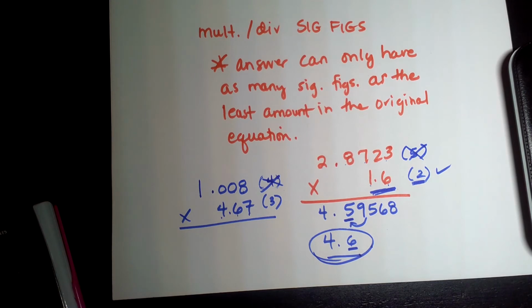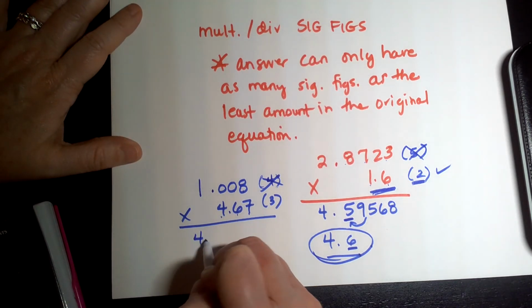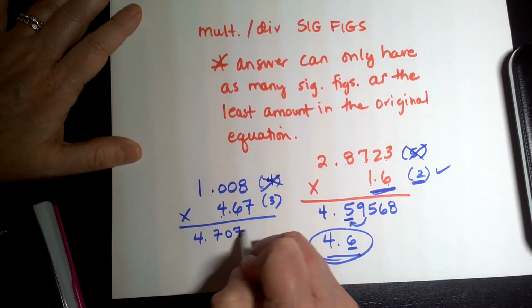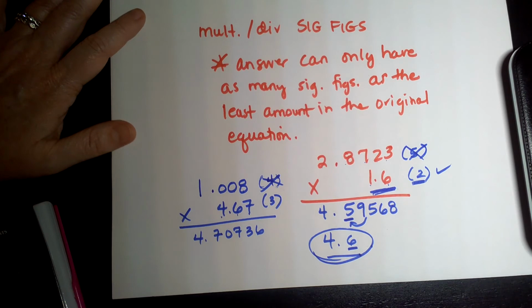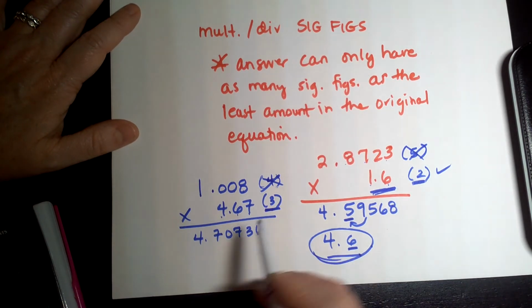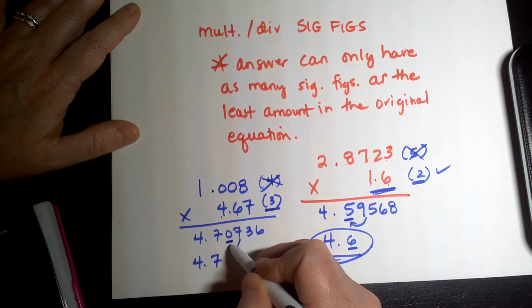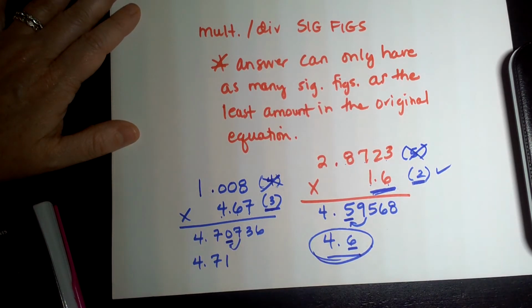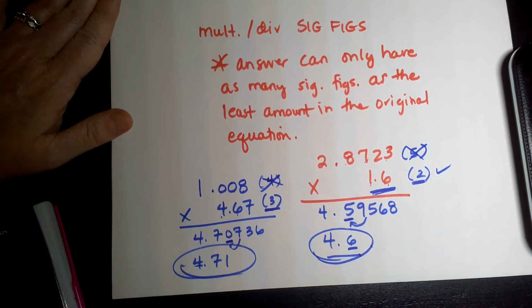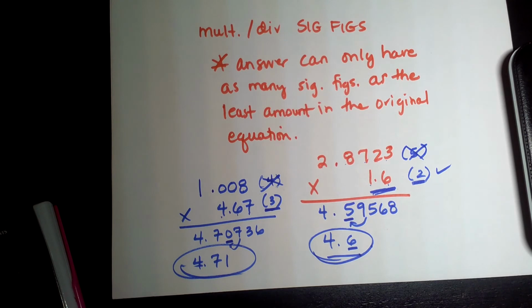And when you do that math, 1.008 times 4.67, it's going to give you 4.70736. But I can't have that. I can only have 3. So I know I'm going to have 4.7. Looking at that 0, 7 rounds it up to a 1. So my answer in correct significant figures is 4.71.